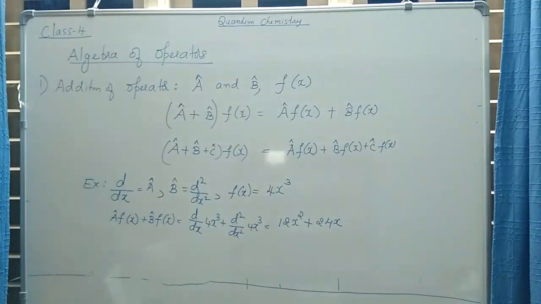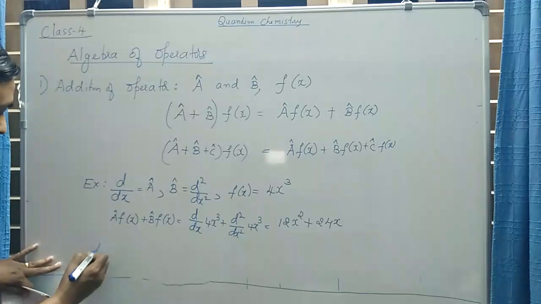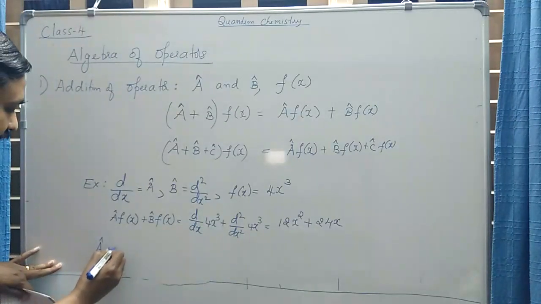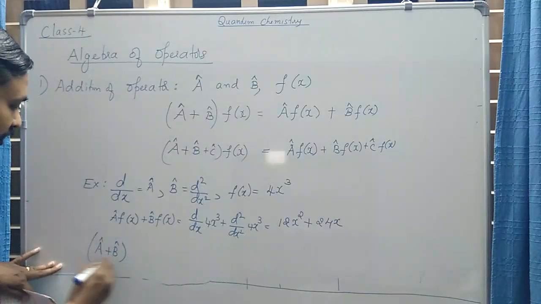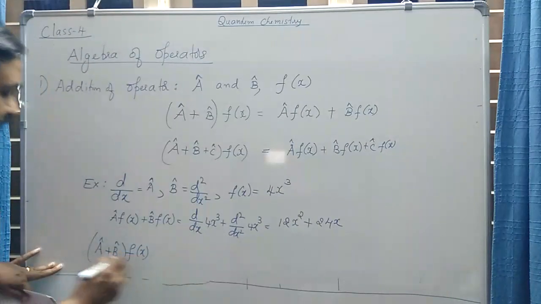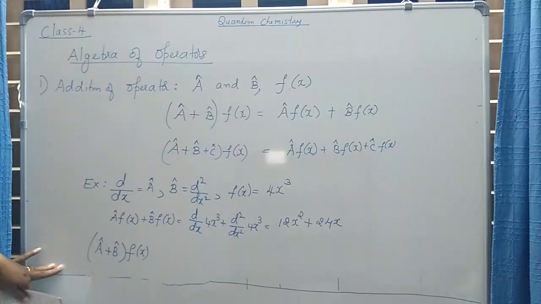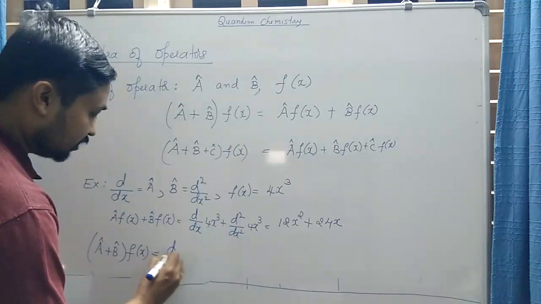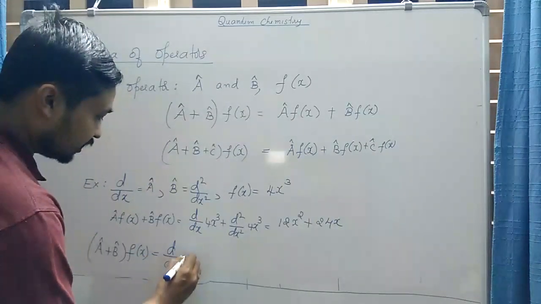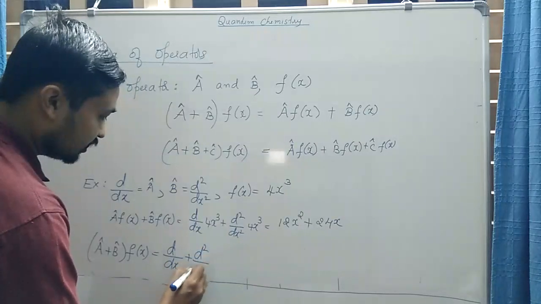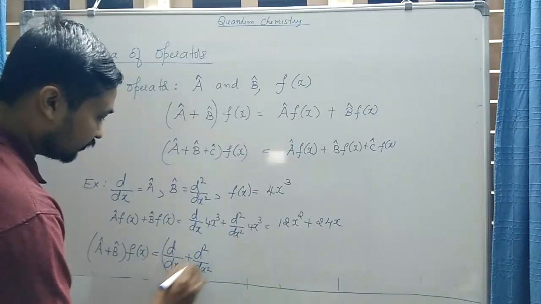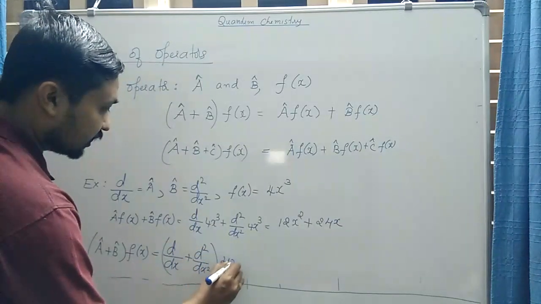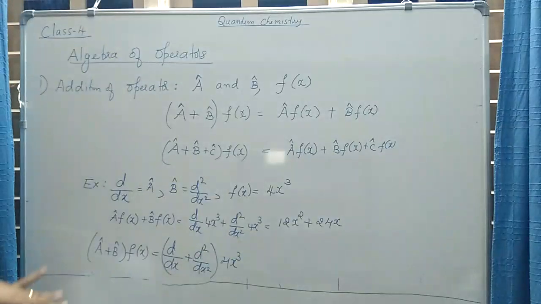24x. On the other hand, if I add the two operators and then apply them on the function, it would be d by dx plus d square by dx square of 4x cube.